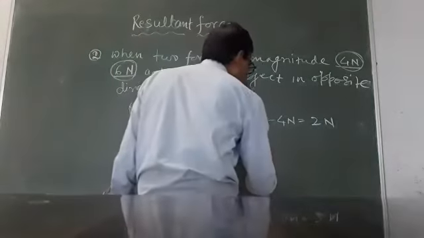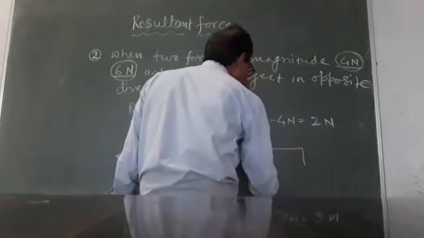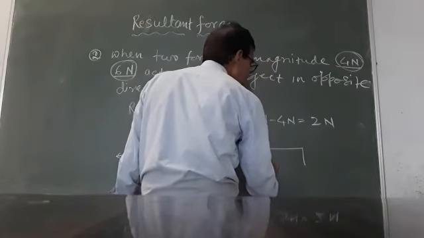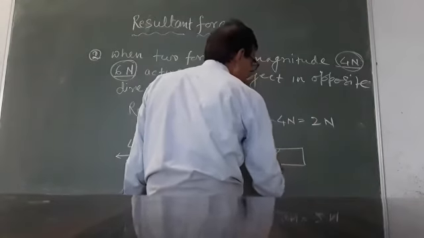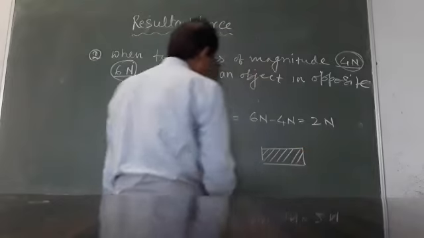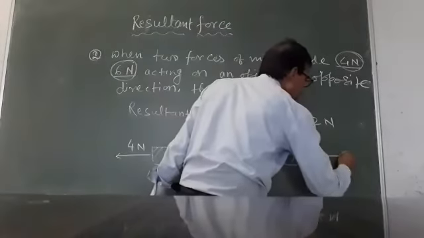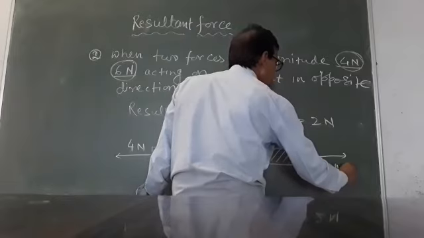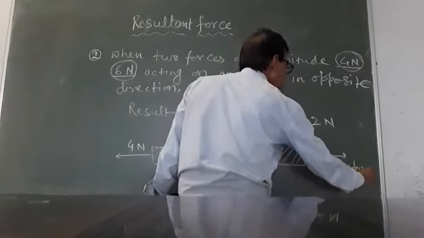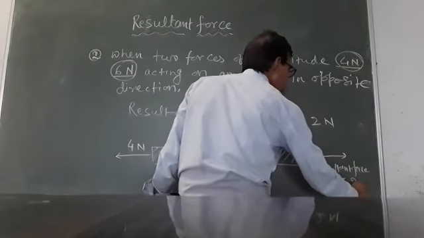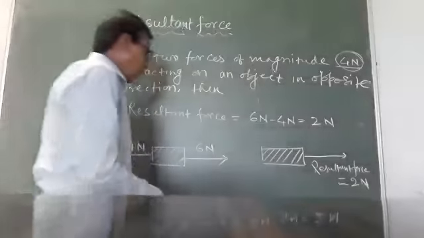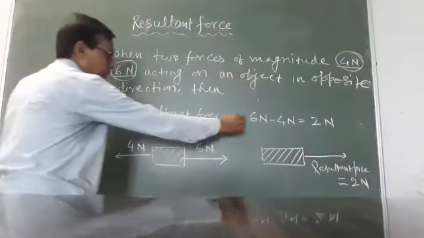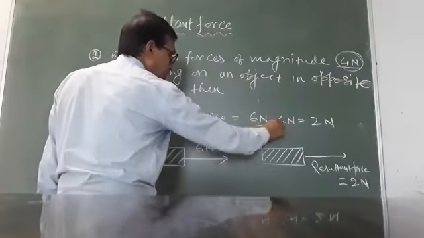So the resultant force is equal to 2 Newton. So here we subtract 4 Newton from 6 Newton, that is 2 Newton.